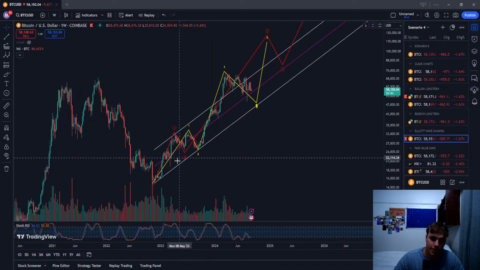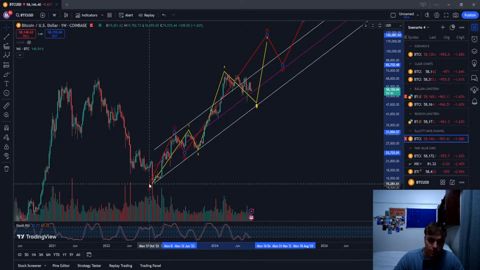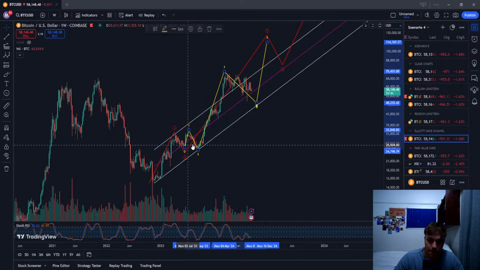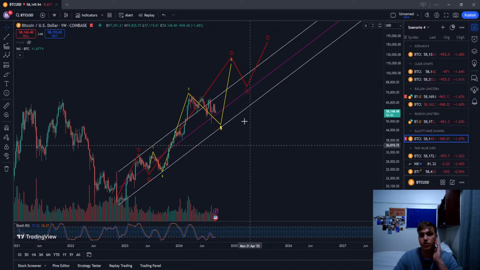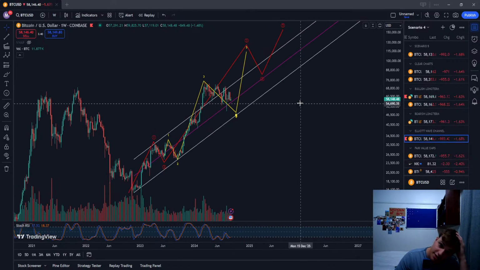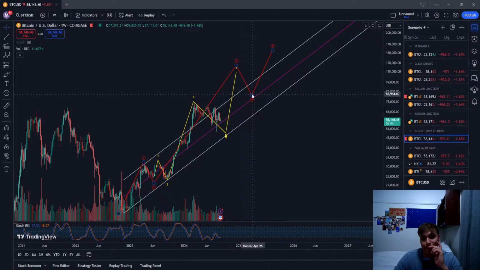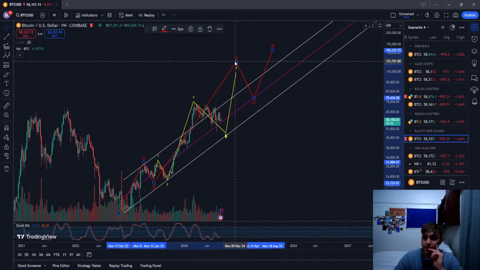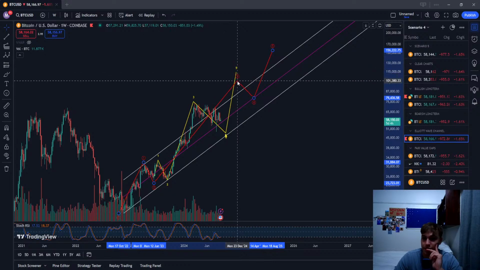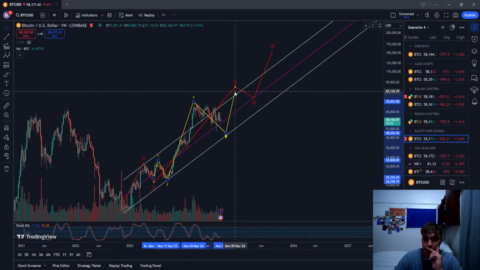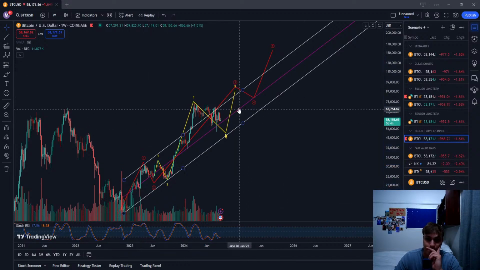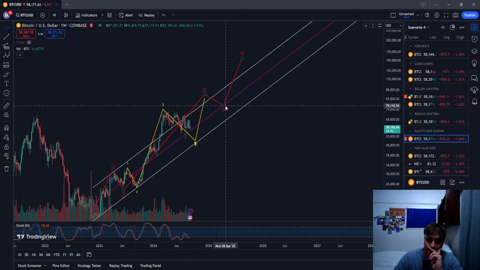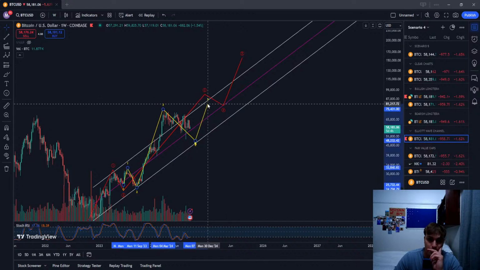But yeah, this is what I'm looking at. That's how the structure would be: a 5-wave structure in wave 3, a 4, maybe we even extend higher out of this. No, we don't. We get to around $90,000 in that wave 5, and then a 4, maybe even rejecting.